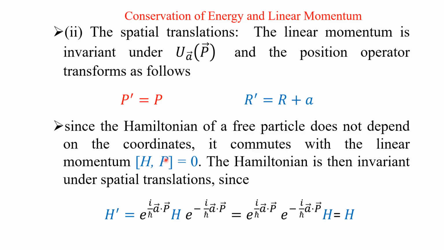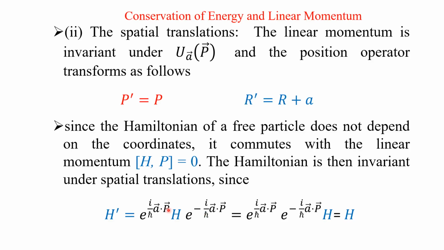P will commute with P. So this will become 0. That means the Hamiltonian is invariant under spatial translation. That is, H prime is equal to U H U dagger. Here U is e power i over h cross a dot P, and U dagger is e power minus i over h cross a dot P.